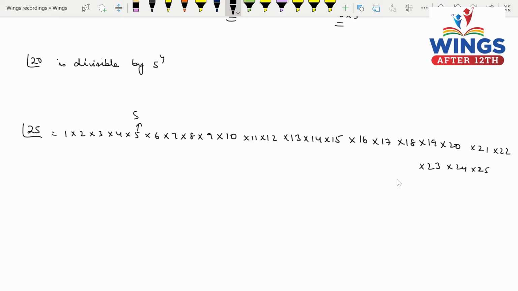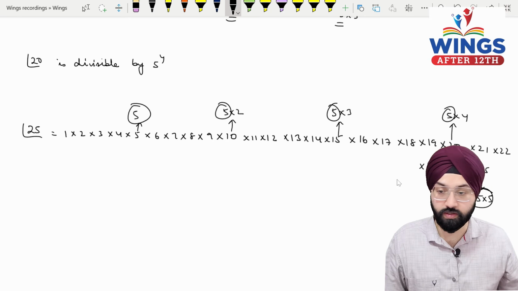So here we have one 5, in 10 we have another 5, in 15 we have one more 5, in 20 we have another 5, but in 25 suddenly we have two 5s. So altogether we have six 5s: 1, 2, 3, 4, 5, 6.